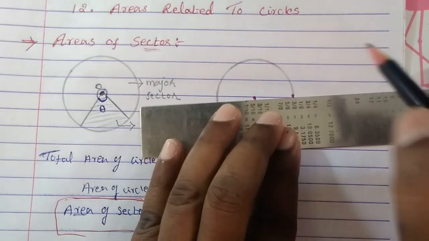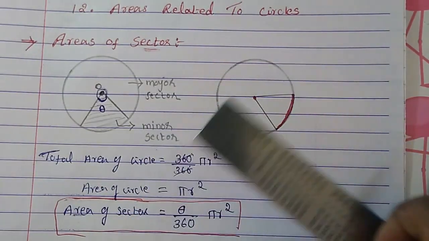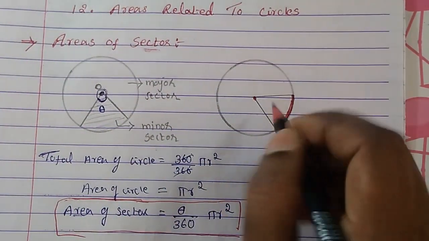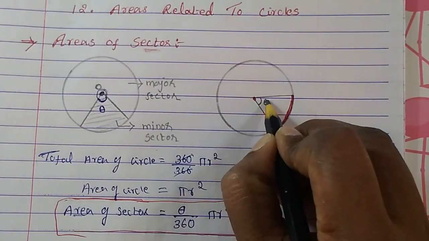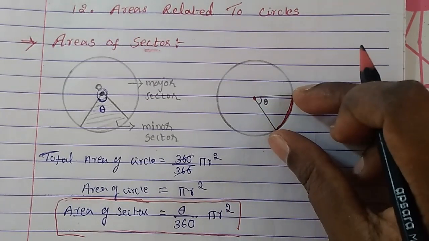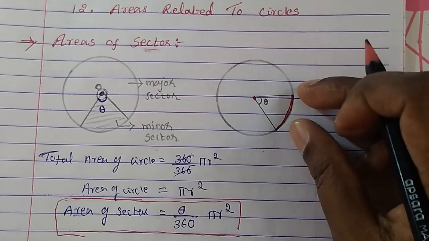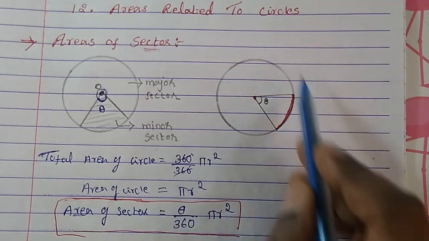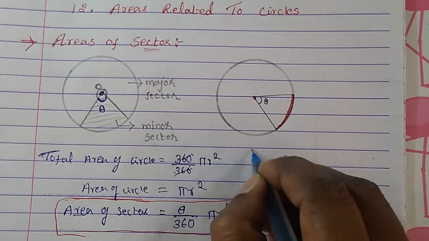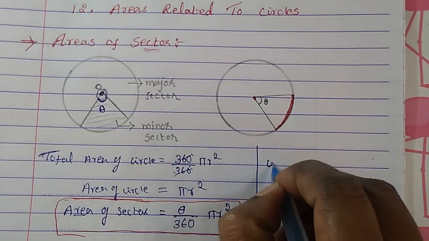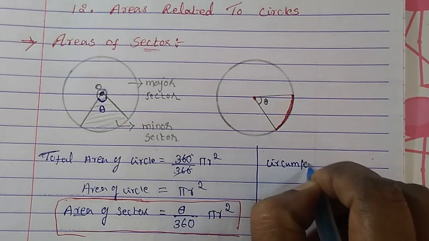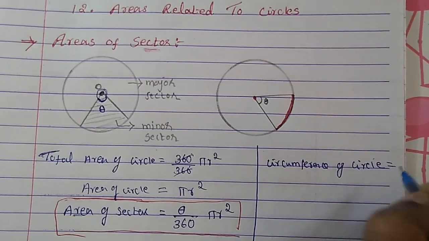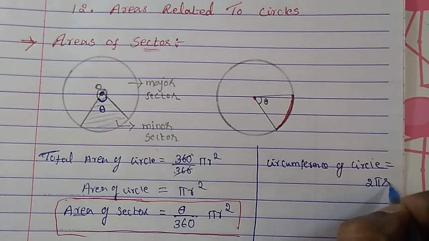Okay, so again this becomes the sector, so whatever may be the angle, let's consider theta. Okay, so we want to find out the length of an arc. So for that, consider the circumference of the circle. Circumference of circle formula you have studied, 2 pi r.